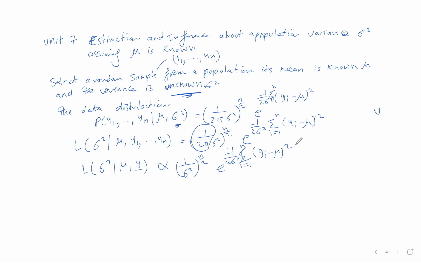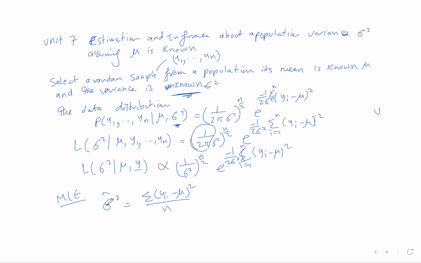The frequentist approach uses this likelihood to find the maximum likelihood estimation. After taking the natural log of this function, taking the derivative with respect to sigma square, setting it equal to 0 and solving, you will find sigma square hat is the sum of yi minus mu square divided by n. Assuming mu is known, this is the maximum likelihood estimation of sigma square.